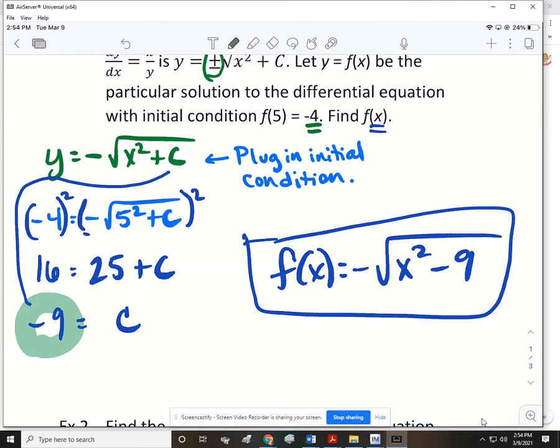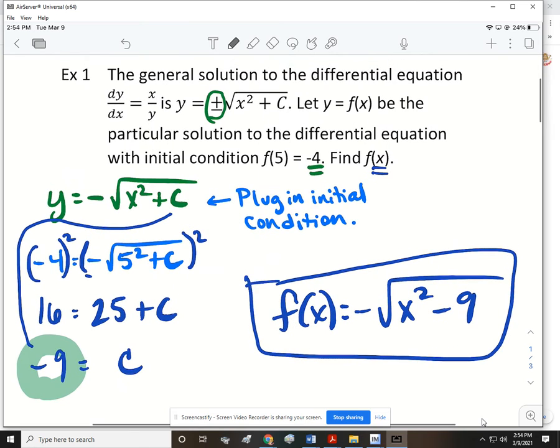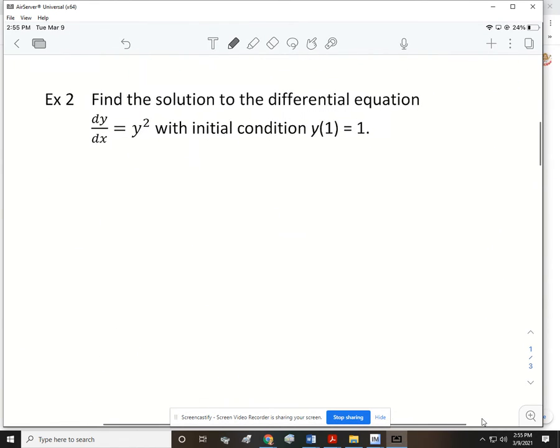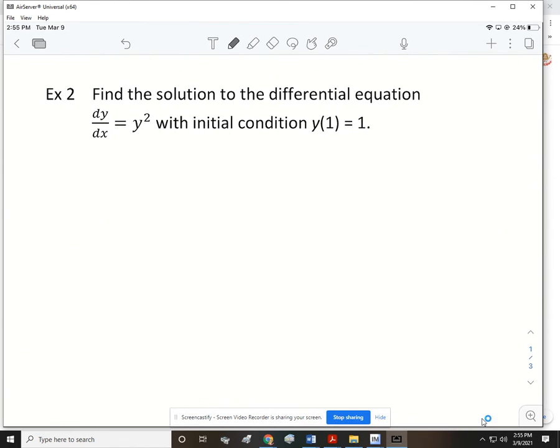That's the equation that has this derivative and has the initial condition of f of 5 equals negative 4.